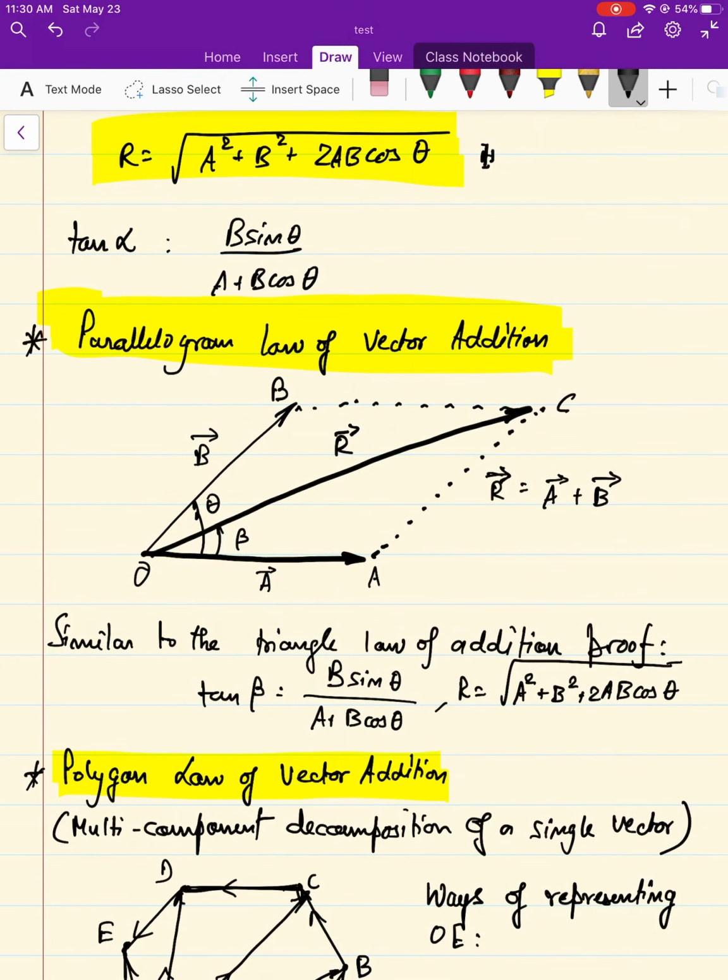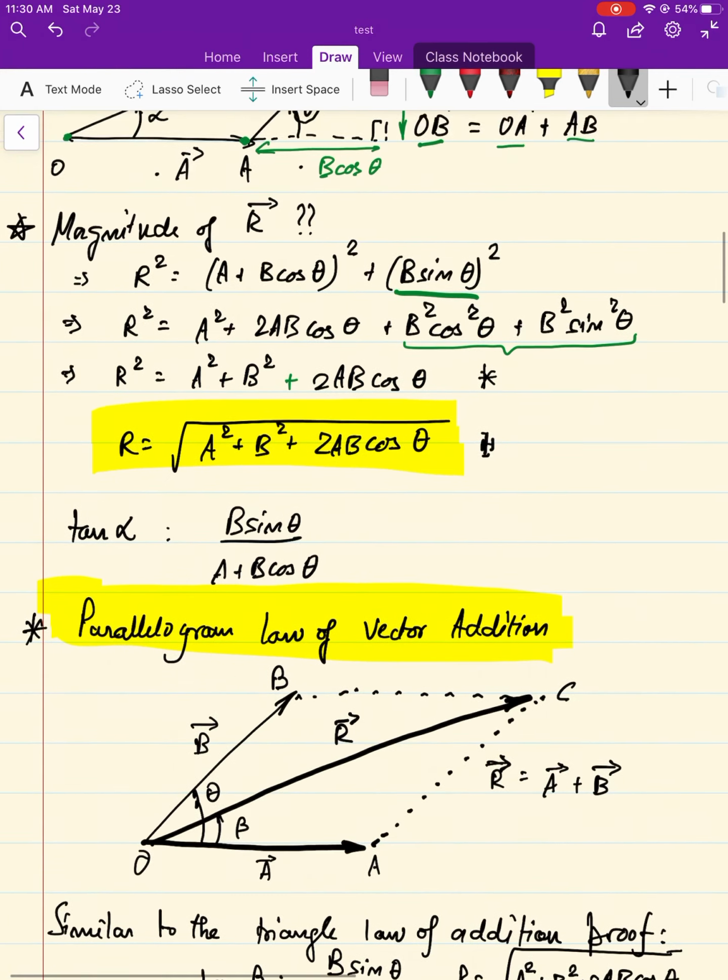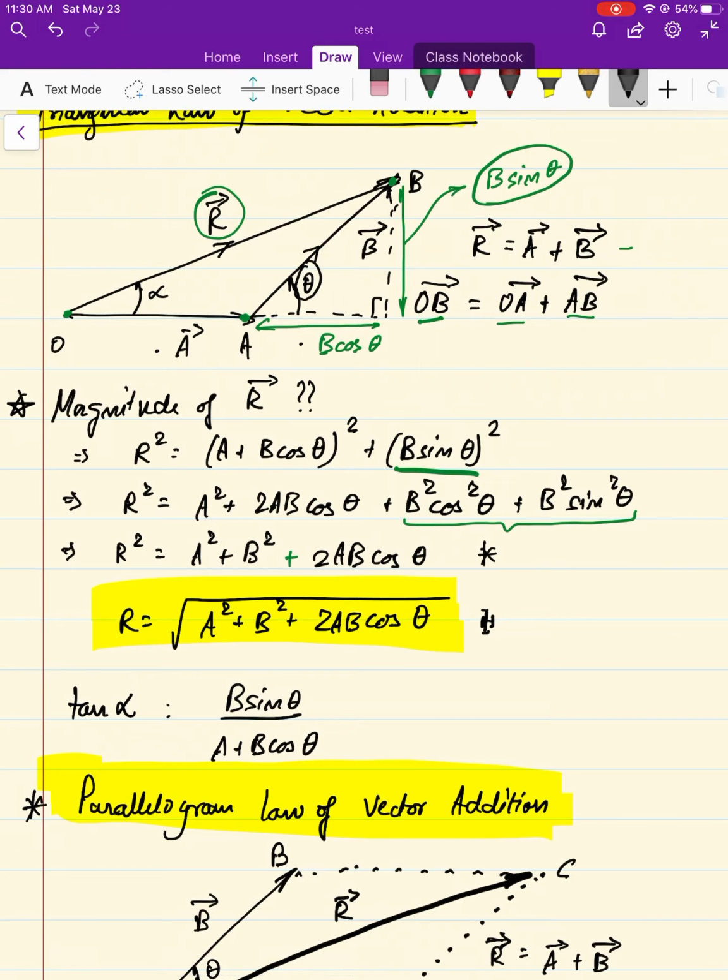From here I want to make some notes: when you are doing vector addition, keep in mind that these vectors are oriented along a particular direction, and you must know the angle theta a priori. In some problems you might be asked to calculate the value of theta. In that case, one of the other parameters might be given.